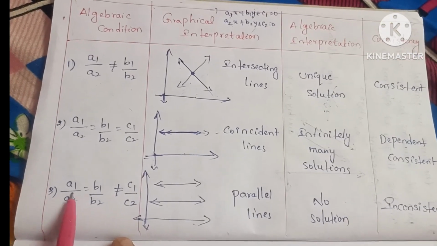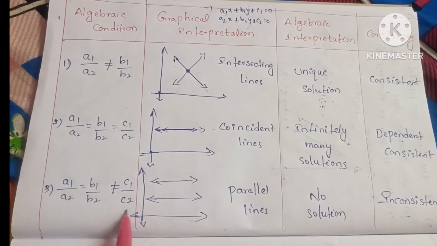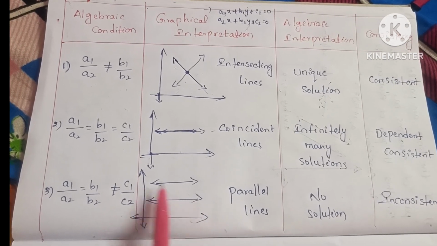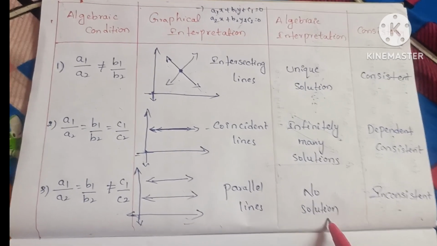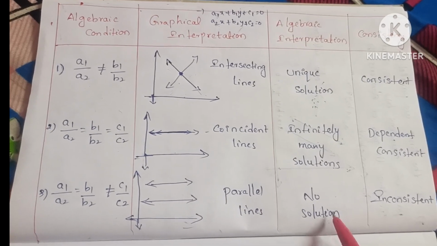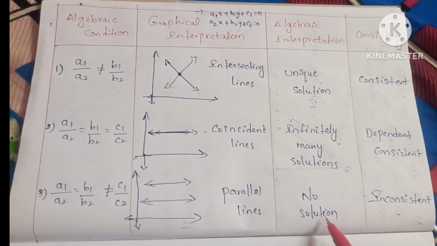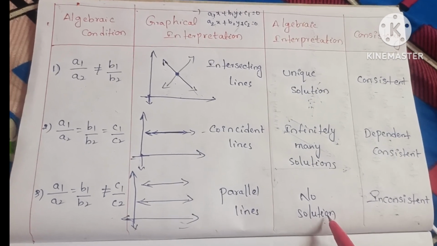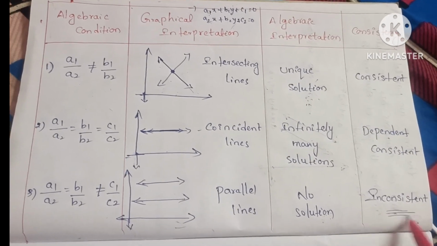Next, third one, a1 by a2 equals b1 by b2 not equal to c1 by c2. In this, parallel lines are there in the graphical interpretation. That time, no solution. I already told you what is consistency and what is inconsistency. Inconsistency means no solution.